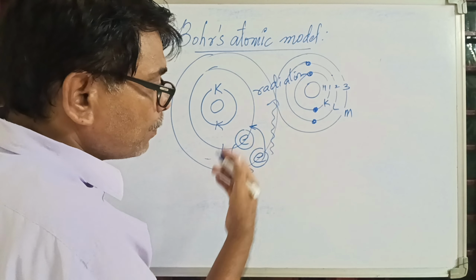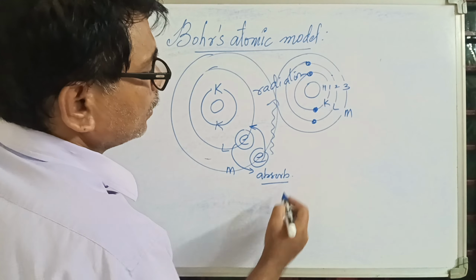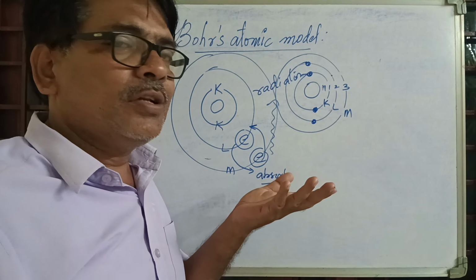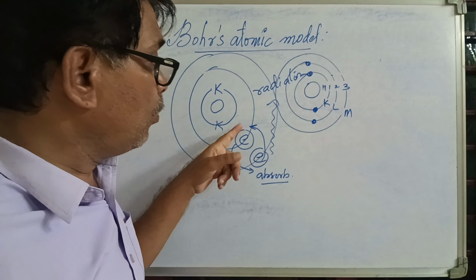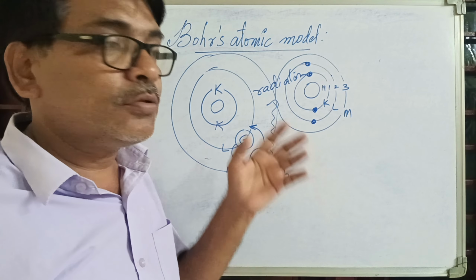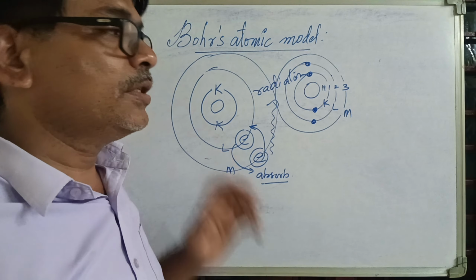Therefore, it absorbs energy to complete that one. Very simple. If an electron jumps from higher to lower, the extra energy it will give out in the form of radiation. If an electron jumps from lower to higher, then it cannot complete that revolution, so it absorbs external energy from somewhere and completes its revolution.